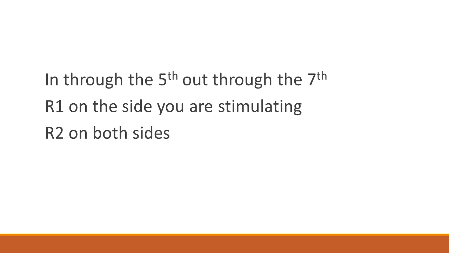Blink responses. I don't know how many of you actually do blink responses, but you should at least be aware of how to do them and what they look like. This is in through the 5th nerve and out through the 7th. On your responses, you get an R1 on the side you're stimulating and an R2 on both.